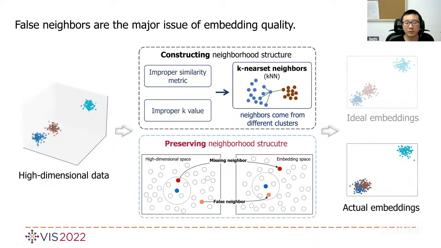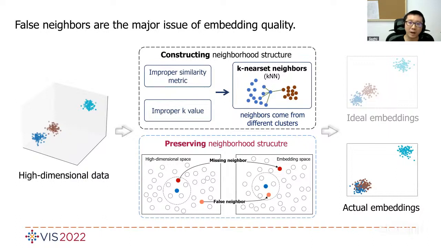In dimensionality reduction approaches, false neighbors are the major issue of embedding quality. In typical approaches such as t-SNE and UMAP, there are two main stages that can cause false neighbors.